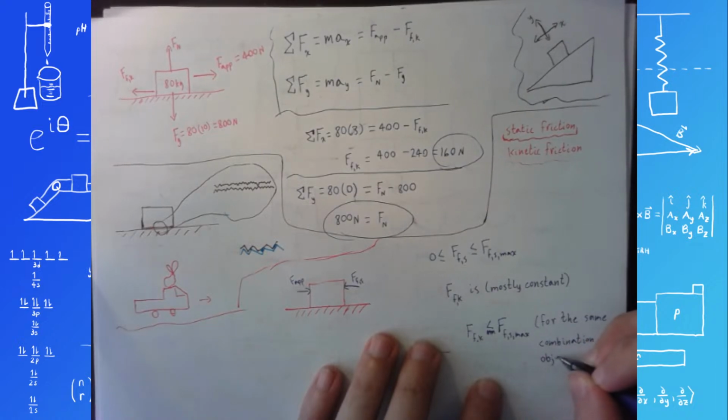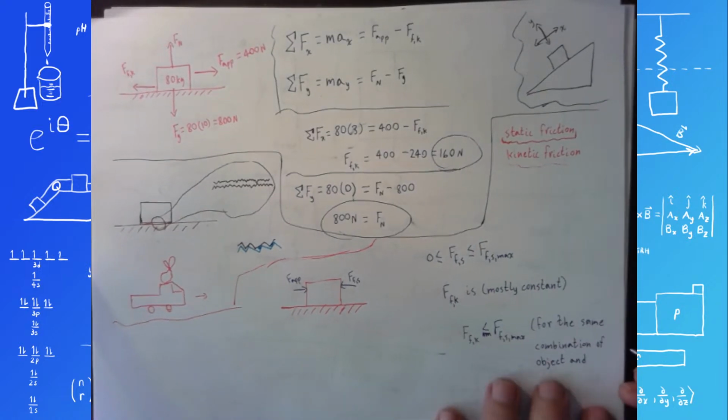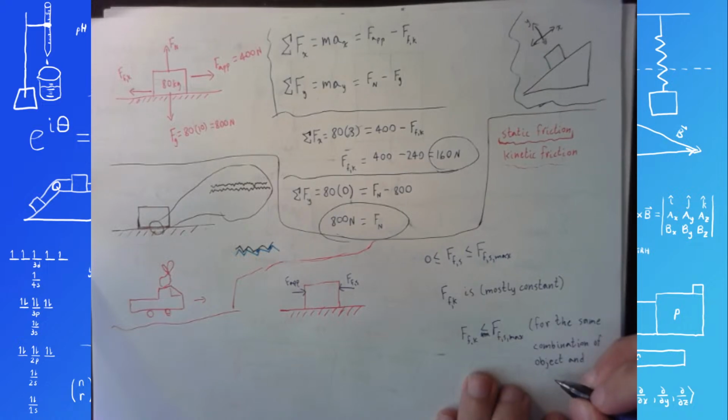I normally think of friction as just having to do with the surface, but it actually depends on both the object itself and the surface, what material they are made of.